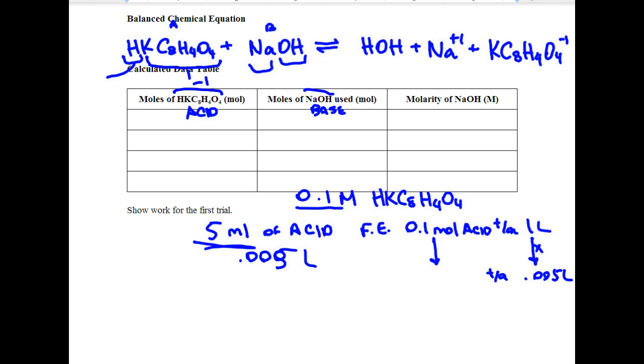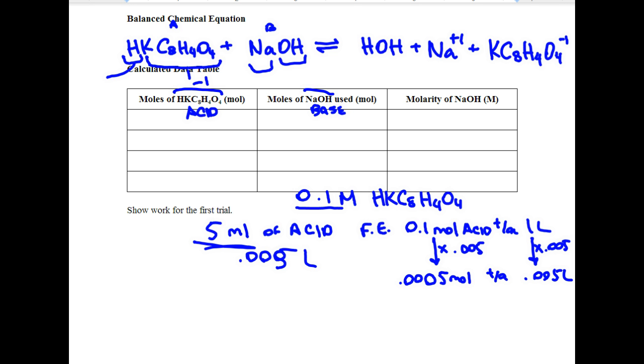So 1 times 0.005 gives you that. So we have to multiply by 0.005. 0.1 times 0.005 gives you 0.0005 moles. So that means in the 5 milliliters of the acid that we used in this fake trial, there were 0.0005 moles in there.